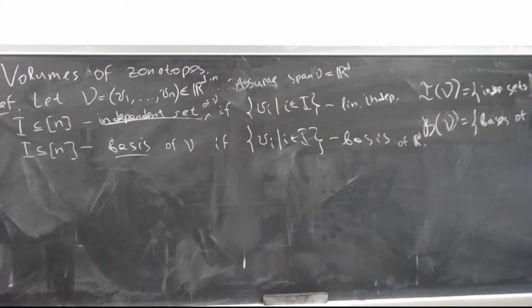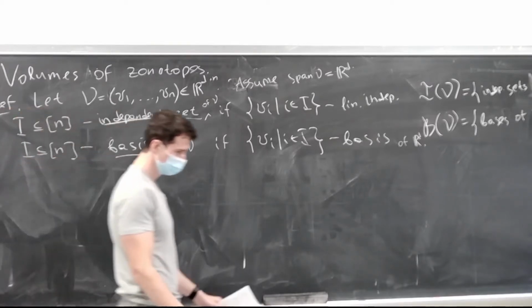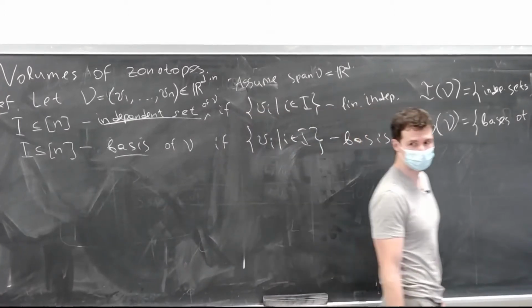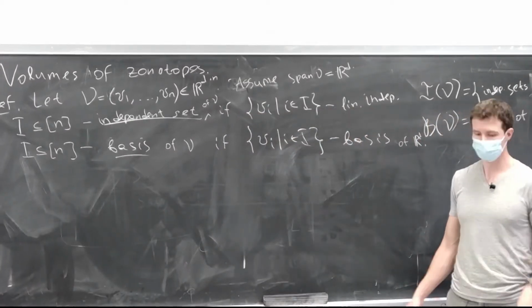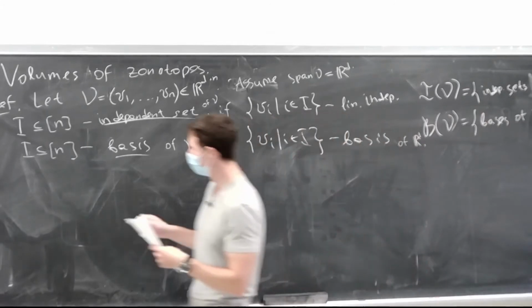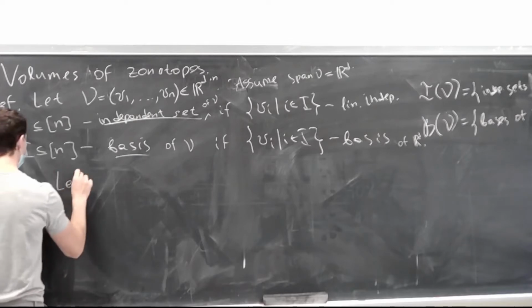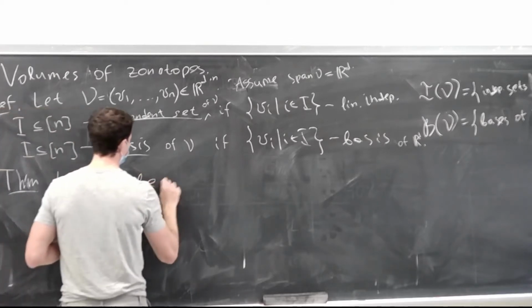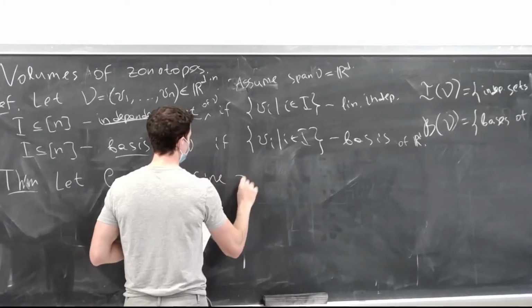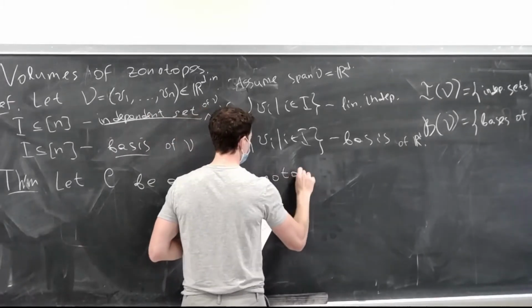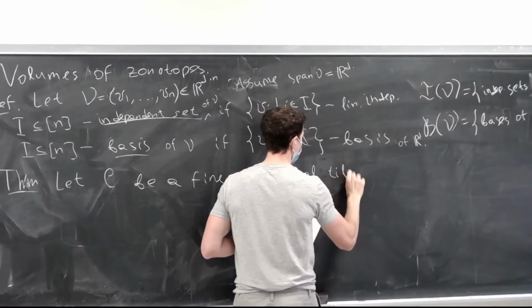Any guess? What would these notions have to do with zonotopes? I mean, I can start stating a theorem. Any guess what this is going to say? Okay, let me show you the first line. Let C be a fine zonotopal tiling of my zonotope.